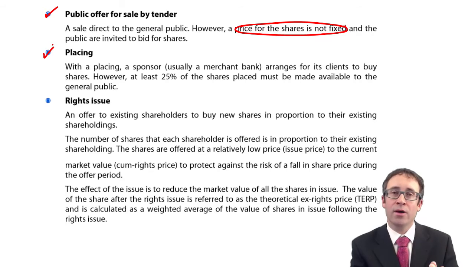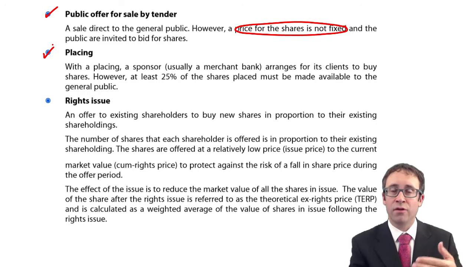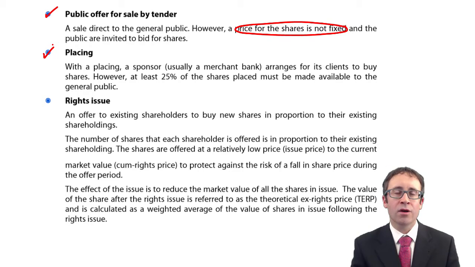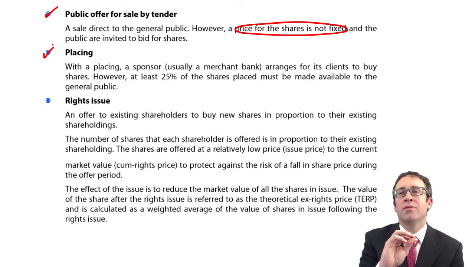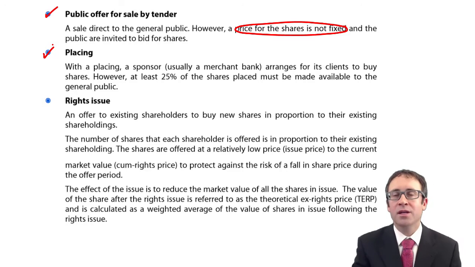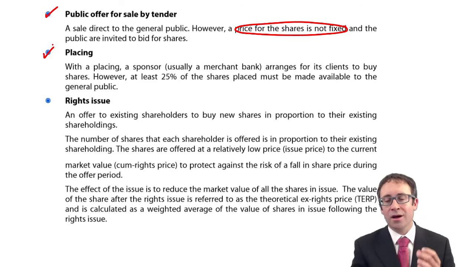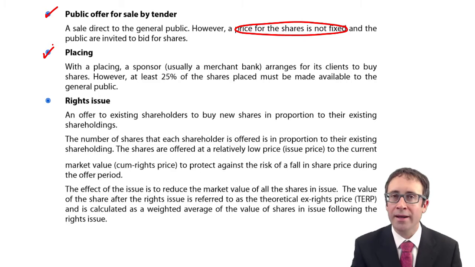They will then sell them on to their clients. If the clients aren't able to buy the shares, then the merchant bank will guarantee to buy the shares from you in full, but that might cost a small fee. The key thing is you are guaranteed to get the proceeds. It just might cost you a little bit more in issue costs if the clients aren't prepared to buy those shares from the bank.